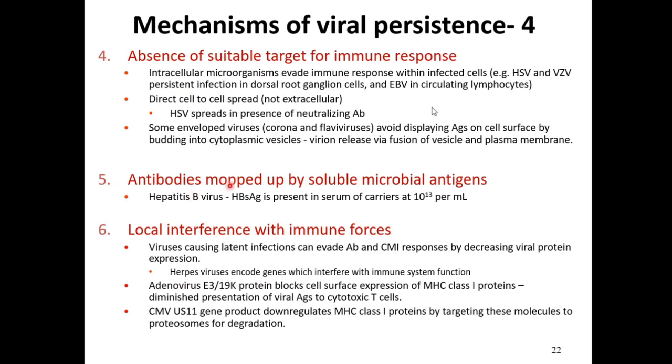So the antibodies which were meant to neutralize viruses will only be neutralized by the surface antigen. And the virus can keep infecting other tissue or cells, hepatocytes. So sometimes there is local interference with the immune force.